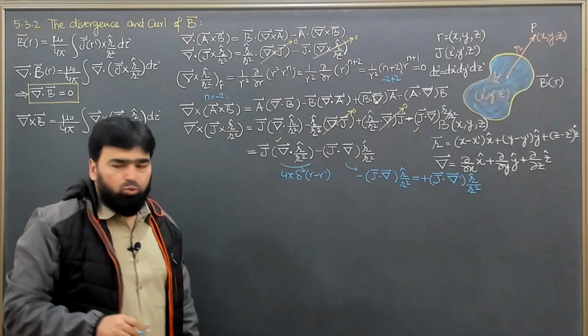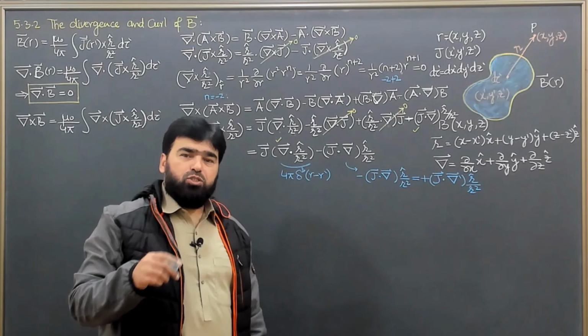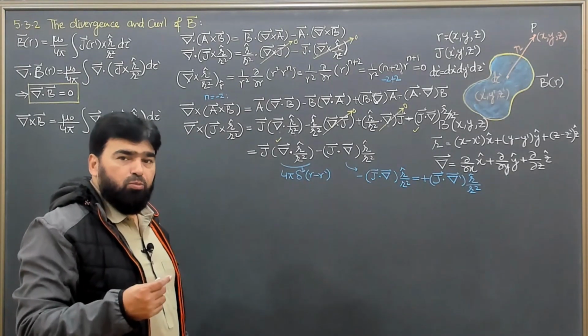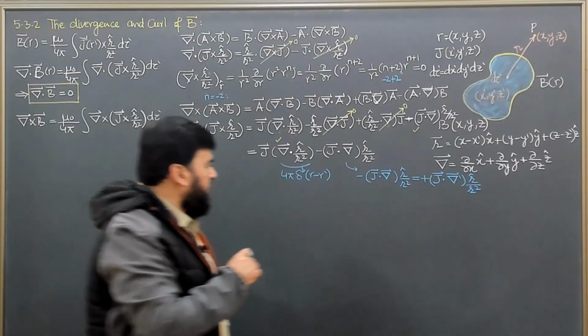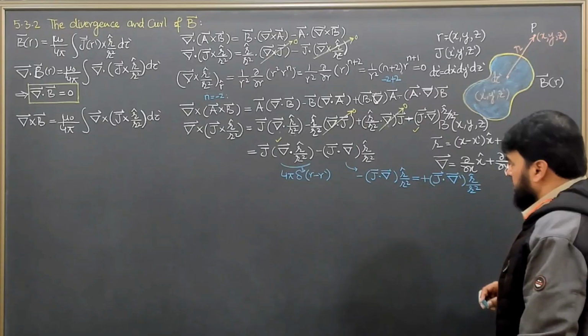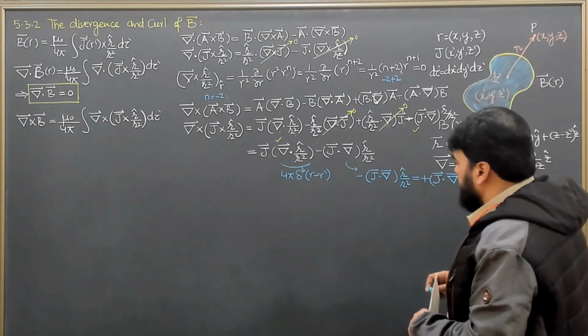If I convert the del from the primed coordinates to the unprimed, or from the unprimed to the primed, it costs a negative sign, and we can prove this as well, but we take it as it is.